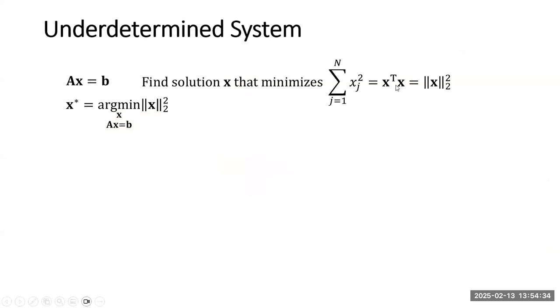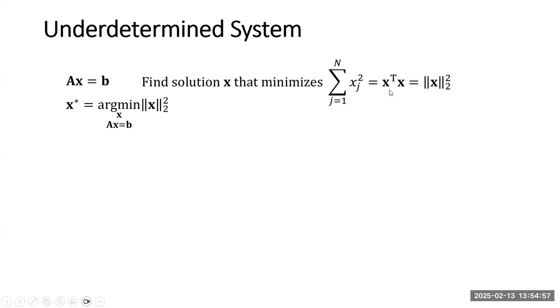This is the objective function that we set up, and I'll give you a justification later. We can have infinite solutions, right? So we want to find the min norm solution. We want to find a solution whose length is the minimum.